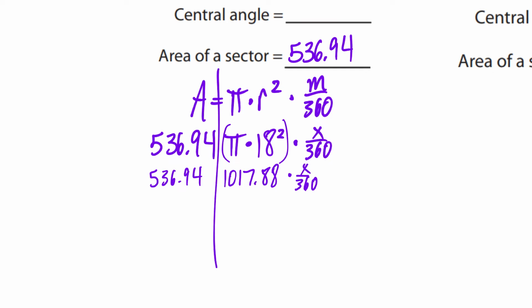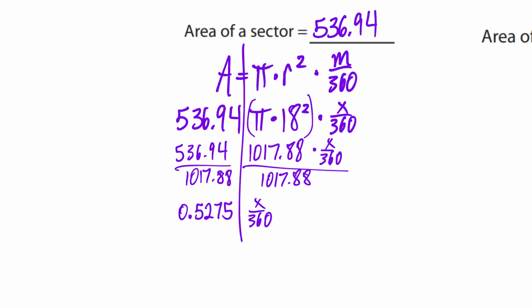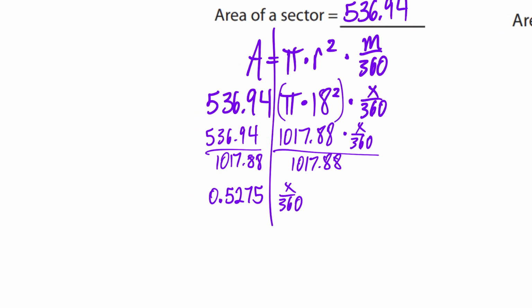So what I'm going to do here is divide this side by 1017.88. This gives us 0.5275 equals x over 360. There are better ways we could have done that, but.